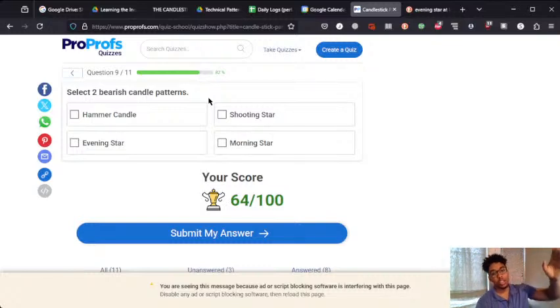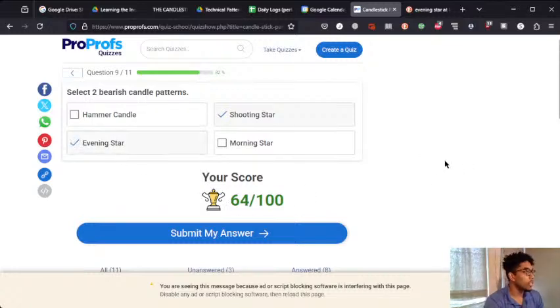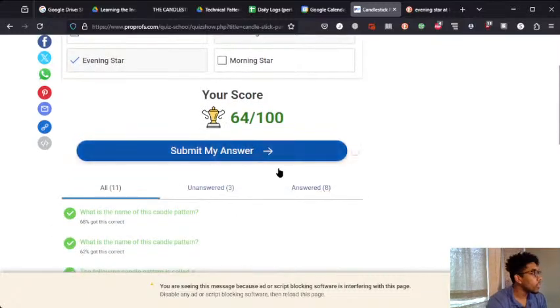A shooting star occurs at the top of an uptrend, marked by a small candle and a really long wick. It's a reversal indicator. So if it's the reversal of an uptrend, it's got to be a downtrend. Morning star is another reversal indicator, but it occurs at the bottom of a downtrend. And so the reversal of a downtrend is an uptrend, so it's not a morning star. It's got to be an evening star. And we also know that because the evening star occurs at the top of an uptrend and it signals the downtrend. So that.